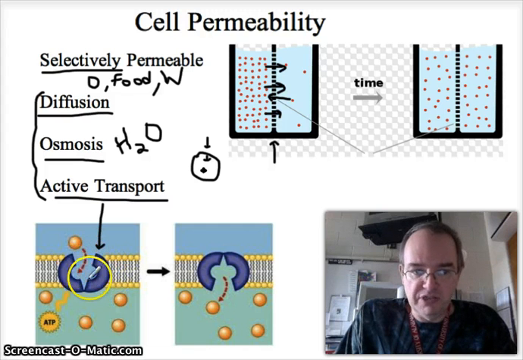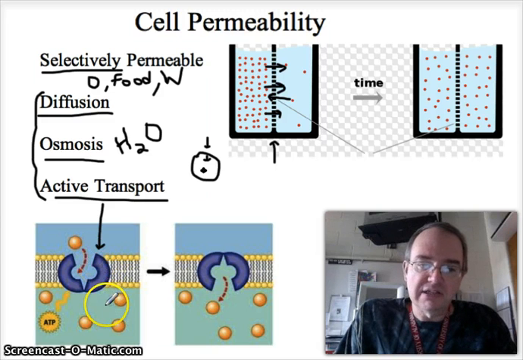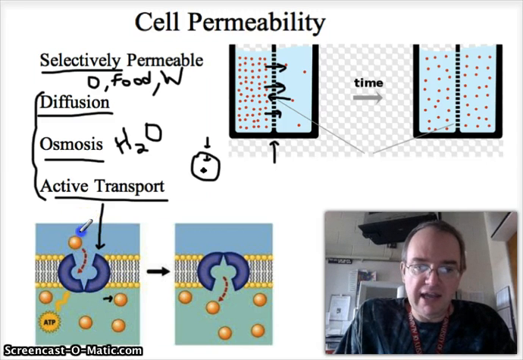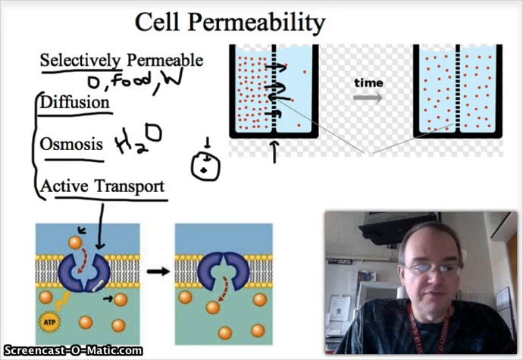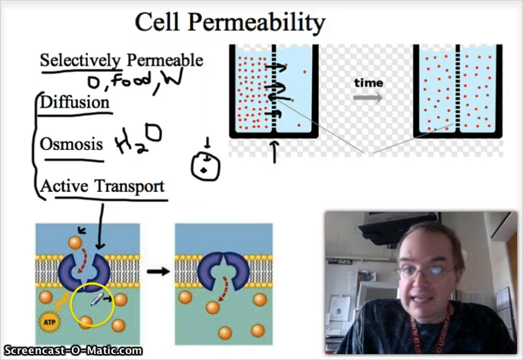A transport protein is attached to the cell membrane. Now what happens is, notice you have more of a concentration of these little yellow beads on the inside than on the outside, but this outside molecule is able to get in. And the cell knows what needs to get in there, some kind of nutrient, some kind of something that it needs.